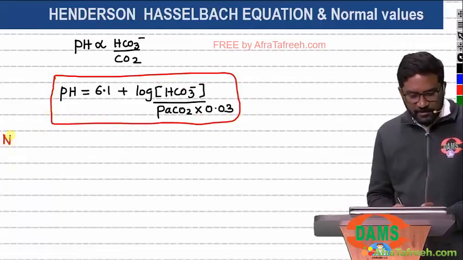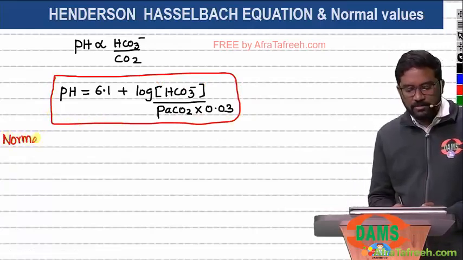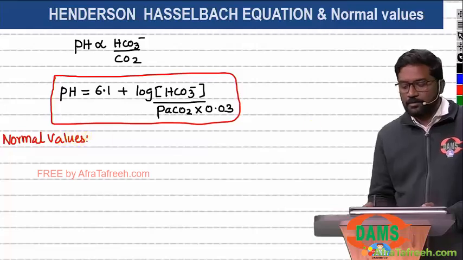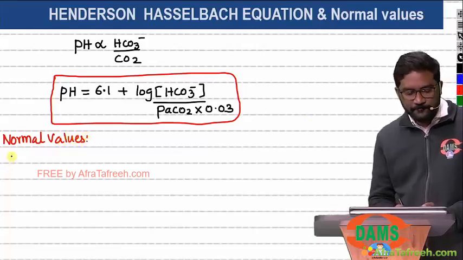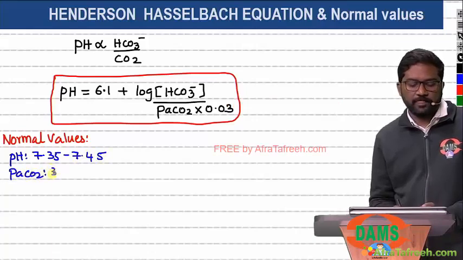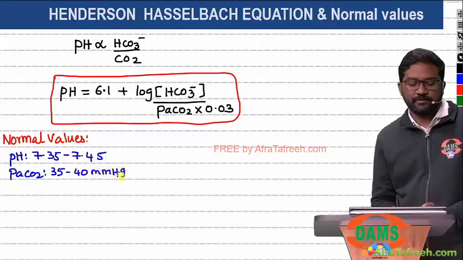Now let us see what are all the normal values. pH 7.35 to 7.45. PaCO2 will be 35 to 40 mmHg. This is the normal range.